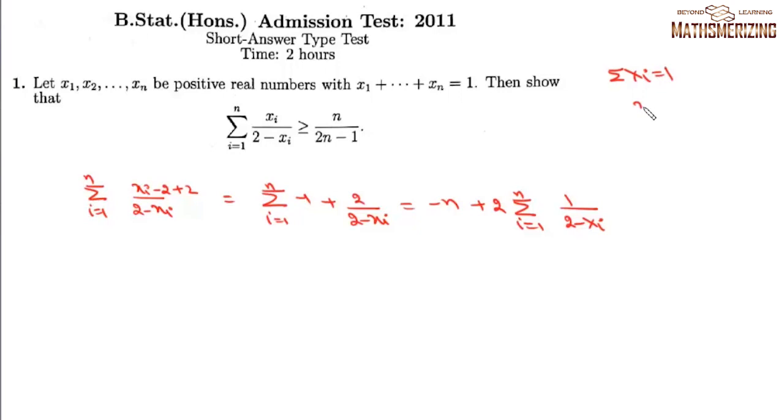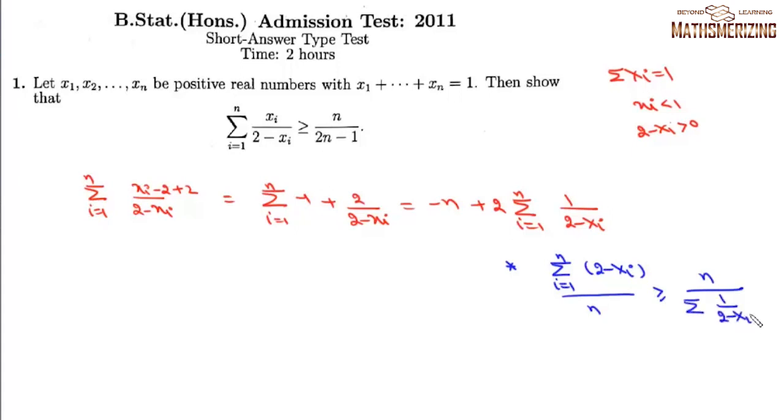That is, each of xi is less than 1, which simply means that 2 minus xi is greater than 0. So this series is a sum of reciprocals of positive numbers. Now using the AM and HM relationship for positive numbers, we can write the arithmetic mean of 2 minus xi, where i varies from 1 to n, divided by n, is greater than or equal to n upon the summation of 1 upon 2 minus xi.